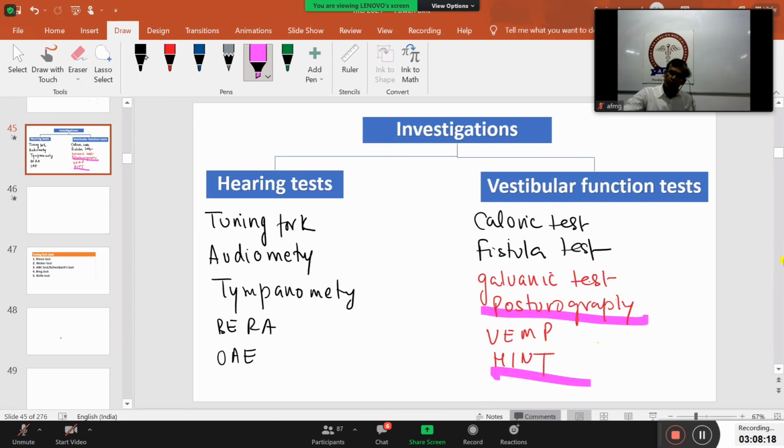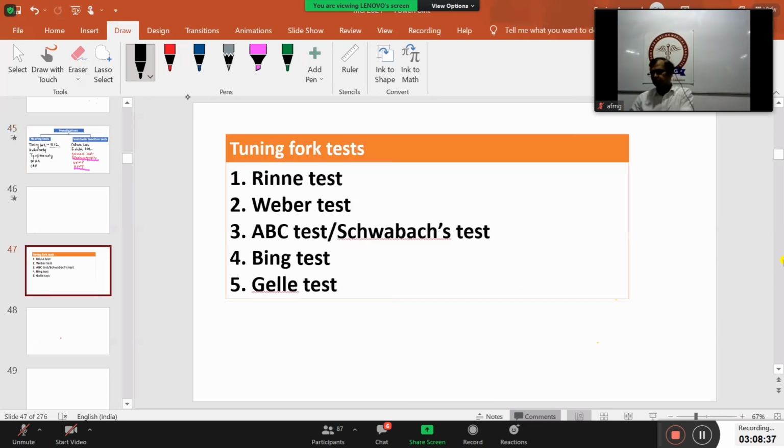What is the most commonly used frequency in a tuning fork? 512 Hertz is the most commonly used frequency in a tuning fork. Do you know the names of the tuning fork tests? Rinne's, Weber's, Schwabach, ABC, Gelle's.